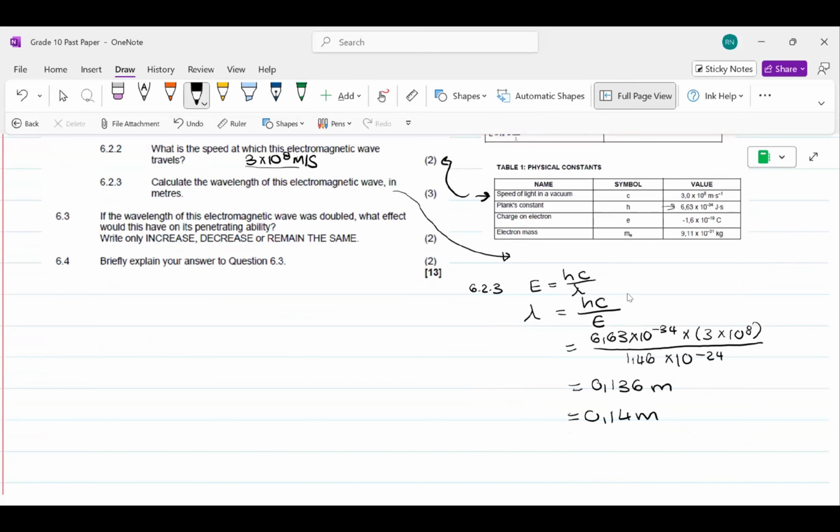Okay, then it says, if the wavelength of this electromagnetic wave is doubled, what is the effect on its penetrating ability? So its penetrating ability is basically its energy.